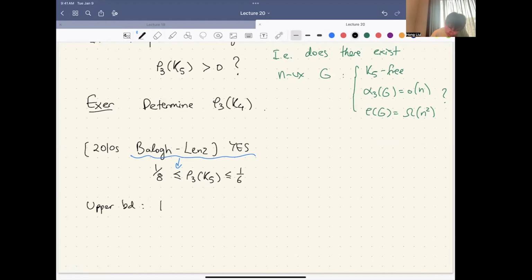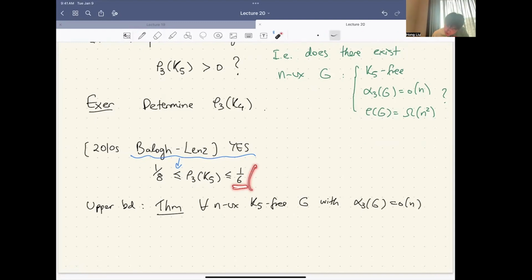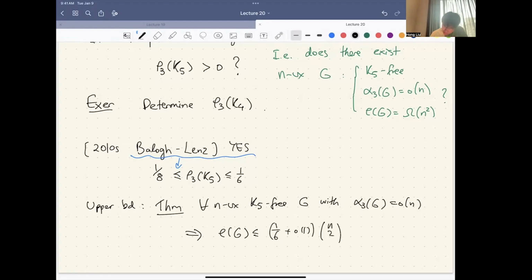The upper bound means for any n-vertex K5-free graph G with triangle independence number little o(n), if its number of edges is more than 1/6 times n choose 2, then e(G) is at most (1/6 + o(1)) times n choose 2. Okay, that's what it means.